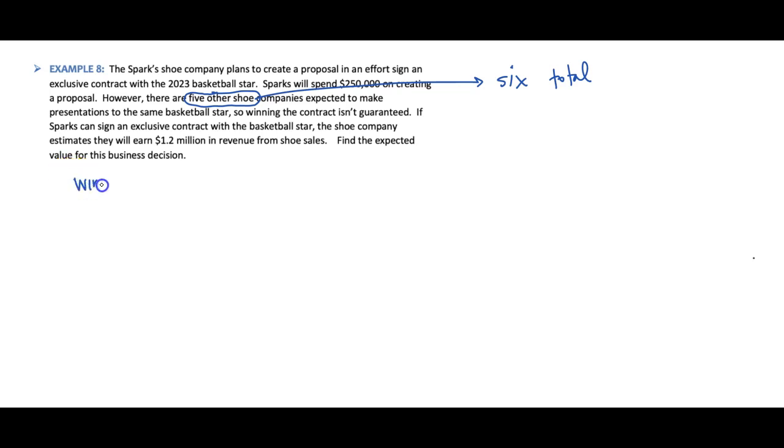They're either going to win the contract or they're not going to win the contract. We need to find the probability of each of these 2 outcomes and also their dollar amount. To win the contract, only 1 out of the 6 companies will win the contract.